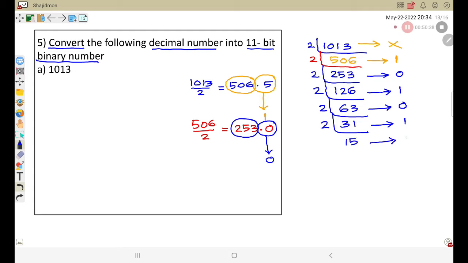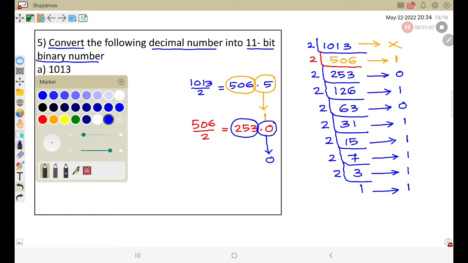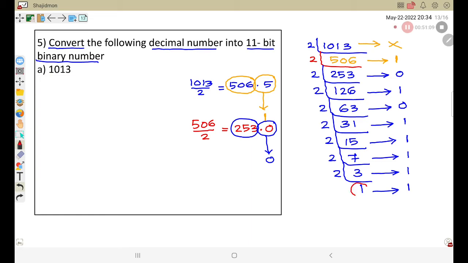So we can write 0.5 means 1. Again 15 divided by 2, 7.5. So 7.5 means 1. Again divide 2, 3.5. So 3 we can write here. 0.5 we can write 1. Again 3 divided 2, 1.5. 1 we can write here. 0.5 means 1 balance. Correct? Now once we got 1, we can stop.